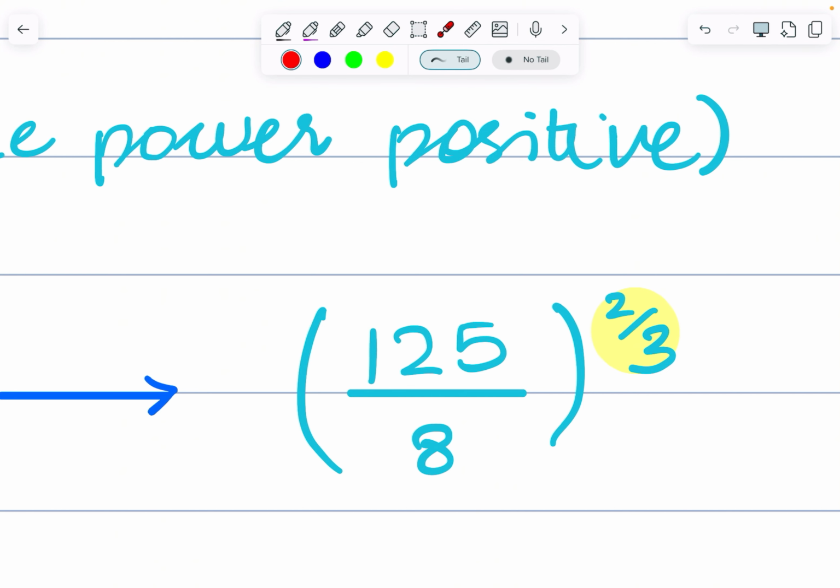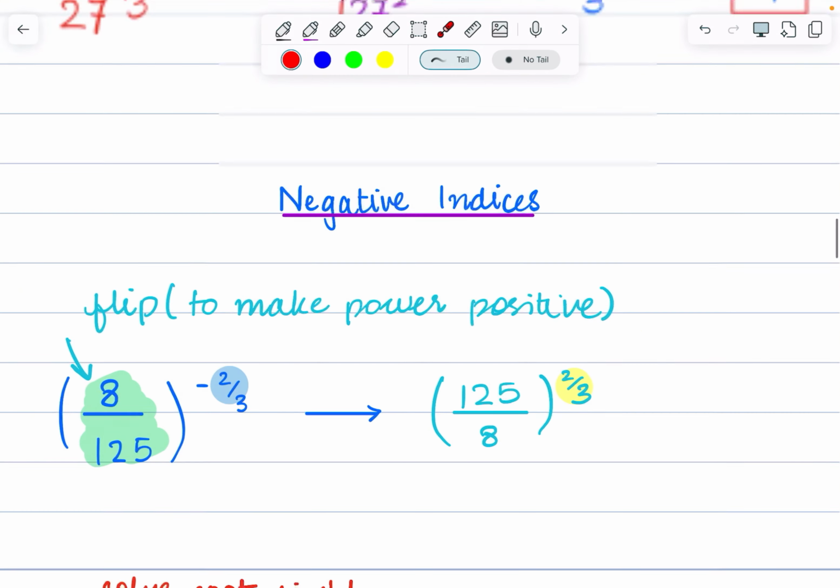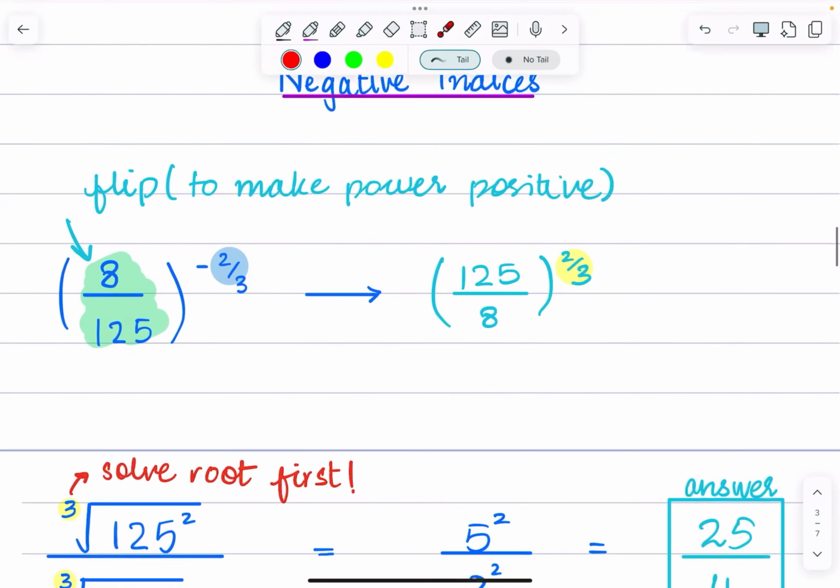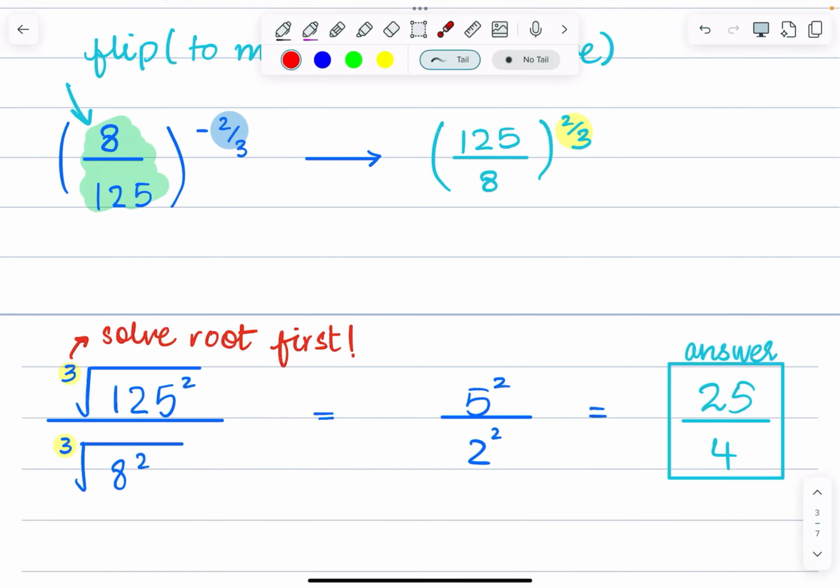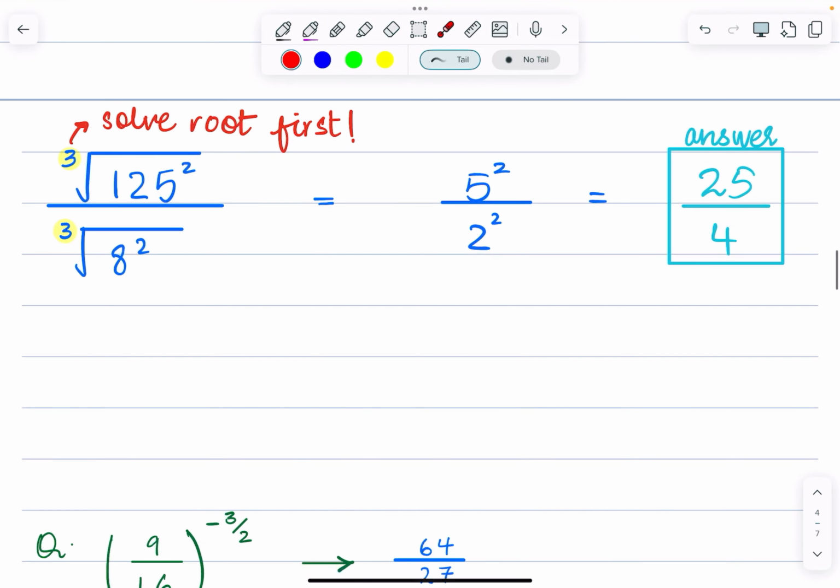I'm just going to bring up those as well to do with you, and then I think we're done. But that's pretty much it. 25 over 4. Well done, good job. And that's it. We are done with laws of indices.